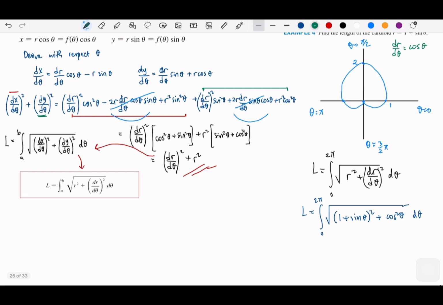Okay, now let me work here. 1 plus 2 sine theta plus sine squared theta, and then plus cosine squared theta. So the total will be 2 plus 2 sine theta d theta. If you find this, for example, in an exam, you could just bring your calculator.